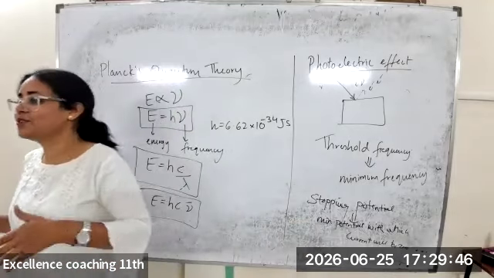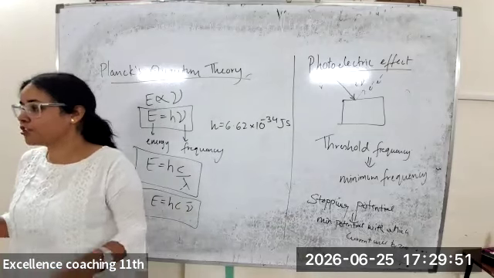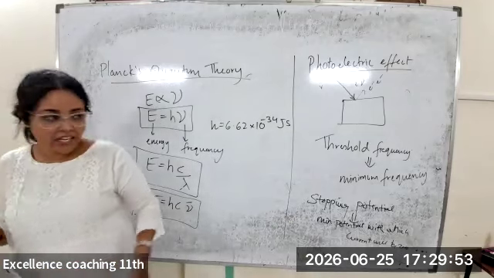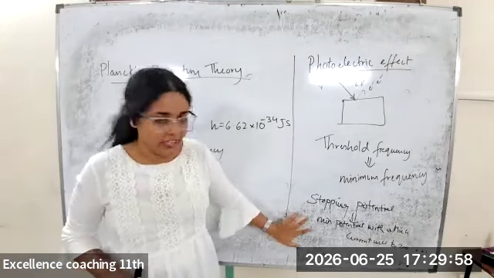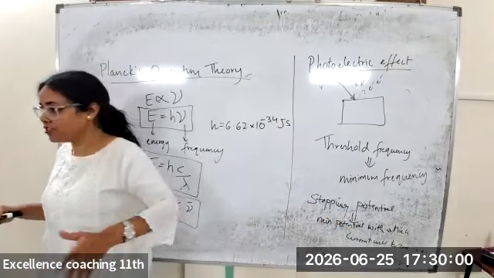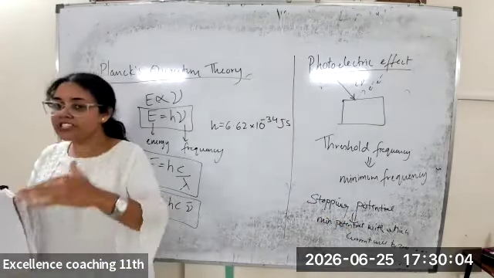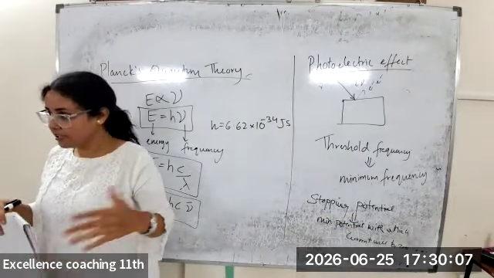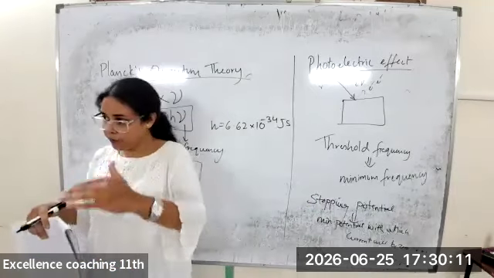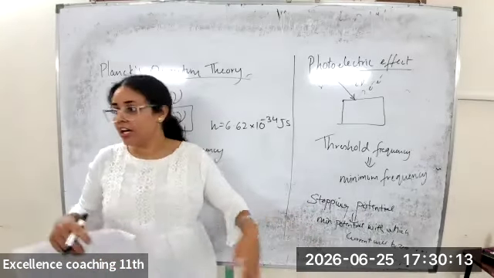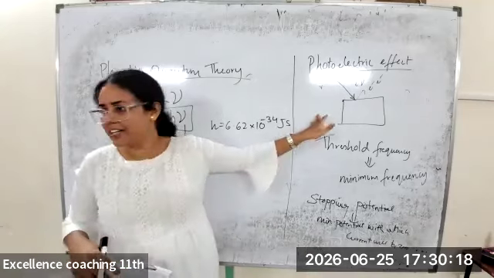If you want to really study this, you have to go into the depths of it. It is more of a physics concept, but in chemistry, what is important is just the terms. What is stopping potential? When you hear the word stopping potential, it means something required to stop the flow. It is the minimum potential you apply at which the current will be zero, meaning no current will pass through.